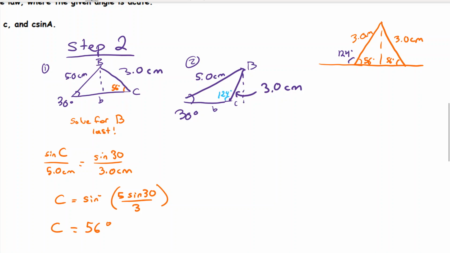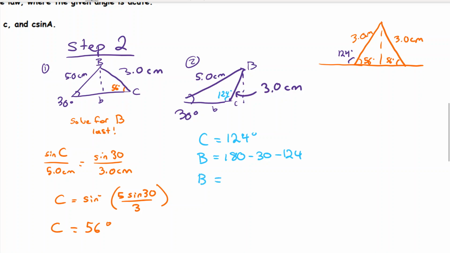So just like that, I've already found two of my angles in both of the triangles. That means I can automatically find angle B as well. Angle B in this case is going to be 180 minus 30 minus 124.